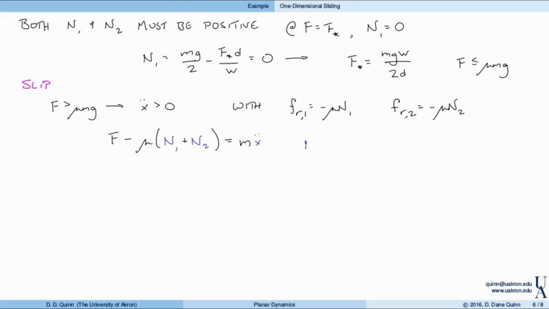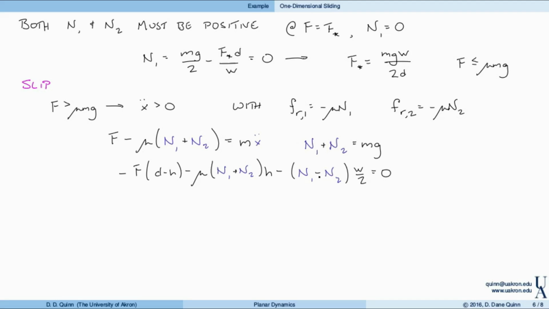We also have N1 plus N2 equals mg. And then finally, angular momentum balance: minus F times d minus h, minus mu times N1 plus N2 times h, minus N1 minus N2 times W over 2, equals 0.